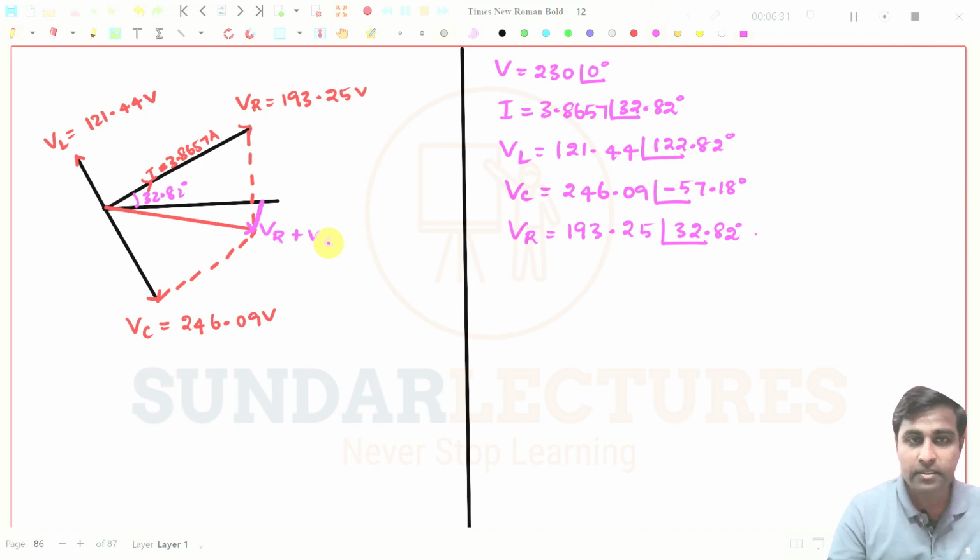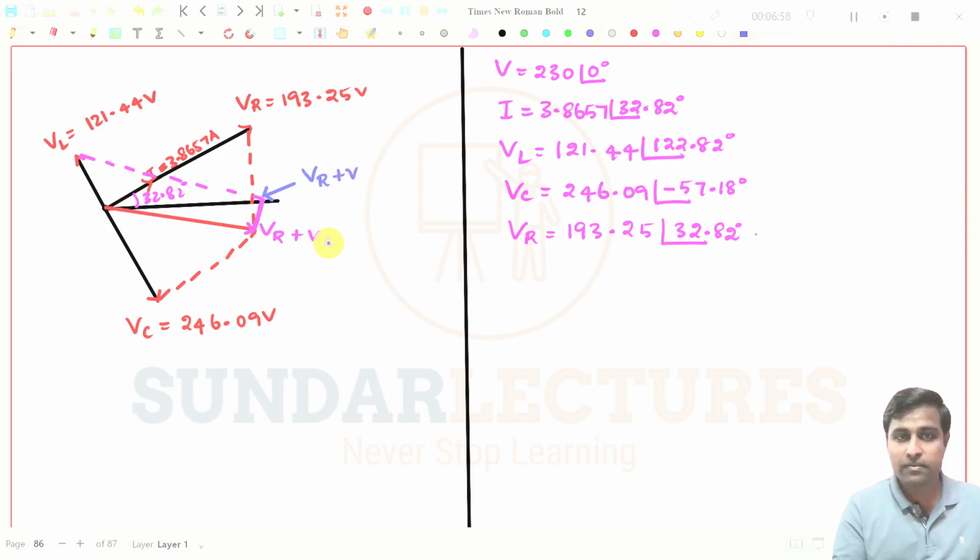This is VR plus VC, and I can connect this point now. See, I'm just connecting this one. So this point is nothing but VR plus VC plus VL.